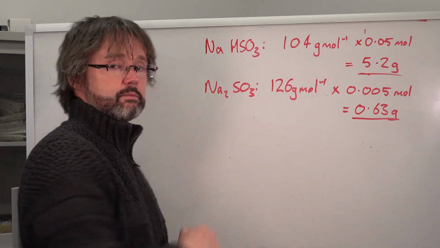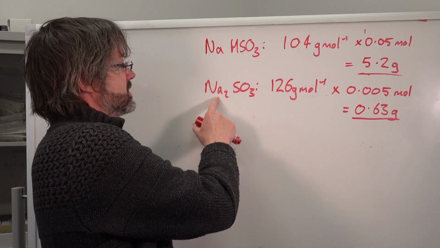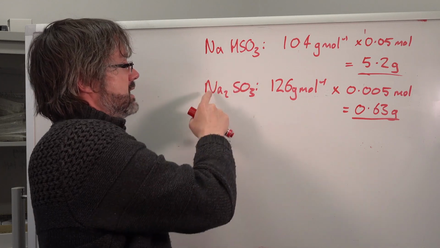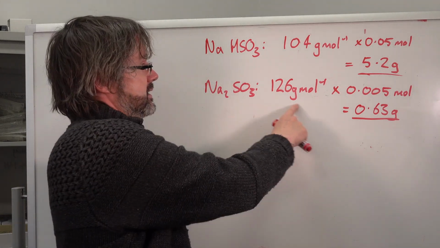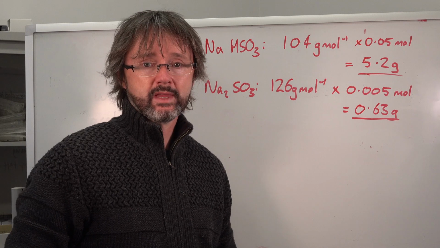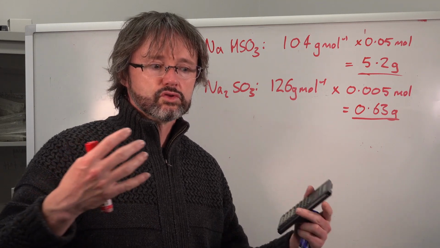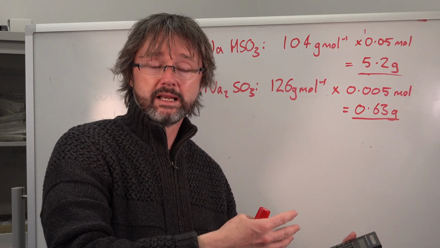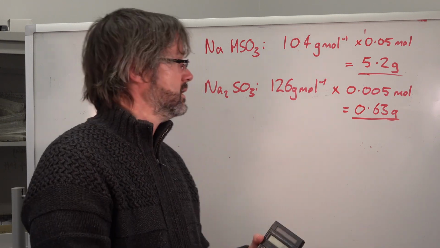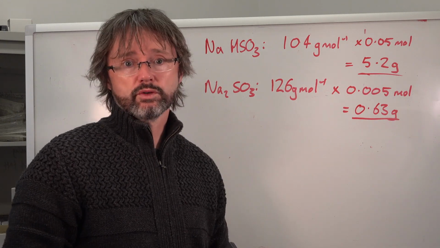Same thing for sodium sulfite. Here we've got an extra sodium instead of the hydrogen. Makes it heavier, look. Okay? So we can use our moles to translate between how many molecules we want to how much mass we're going to weigh out in the laboratory.